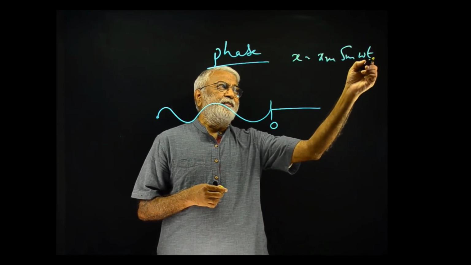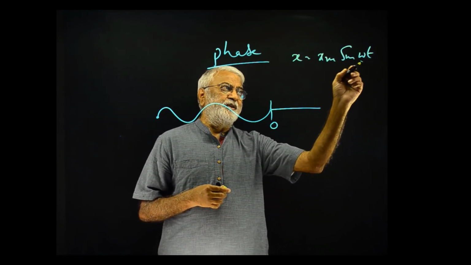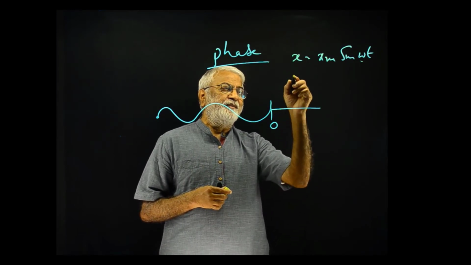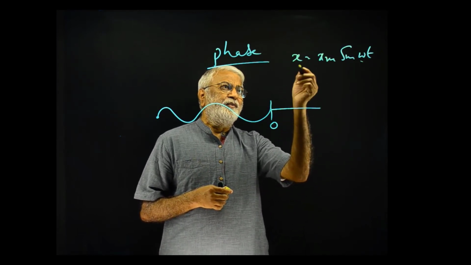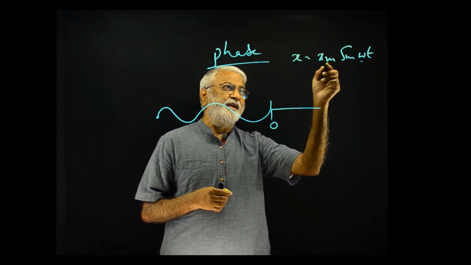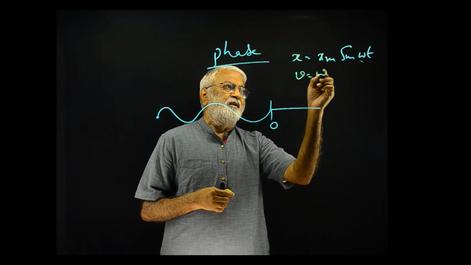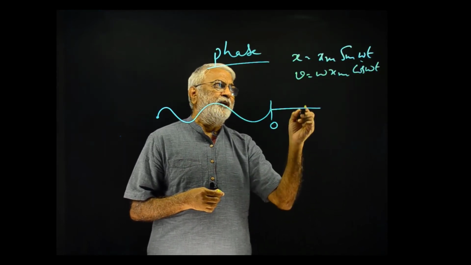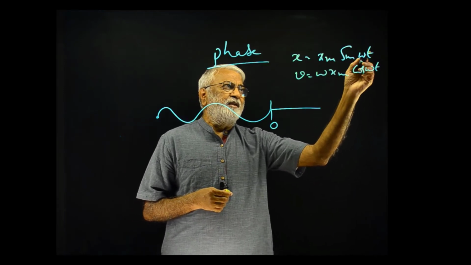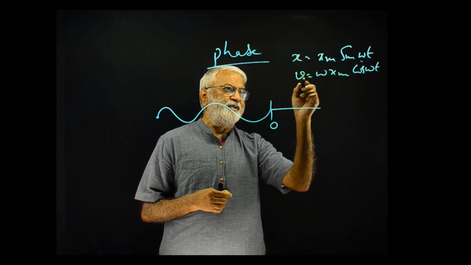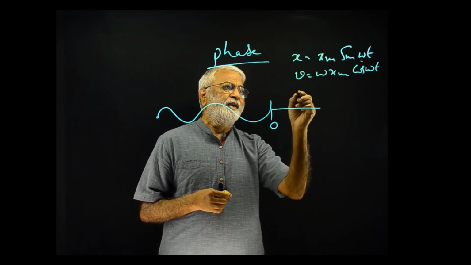If you know the angle part of this trigonometric function, you will know x, and if you know x, you know v also. I'll differentiate this, you will get again you have same omega t, omega xm cos omega t. So if you know this angle, well, you know position, you know velocity, and you know acceleration.